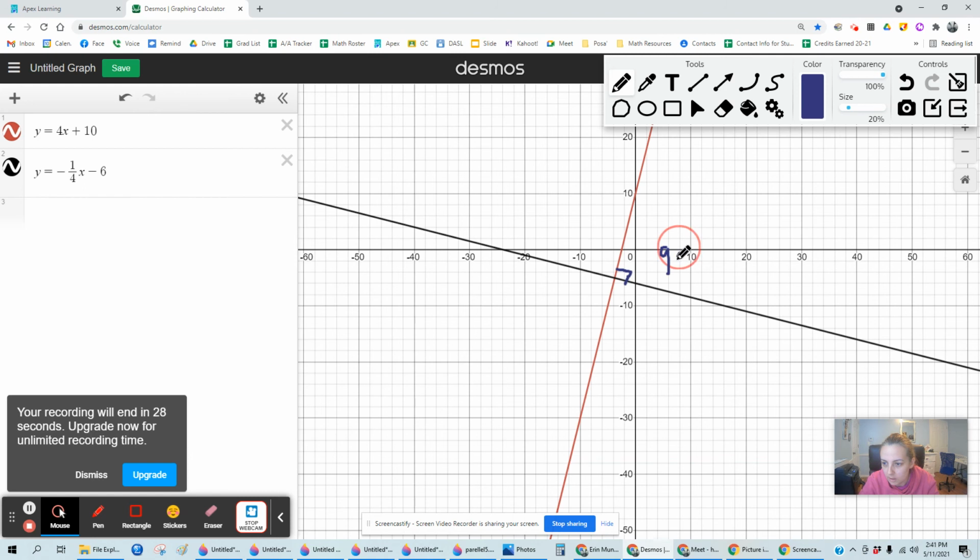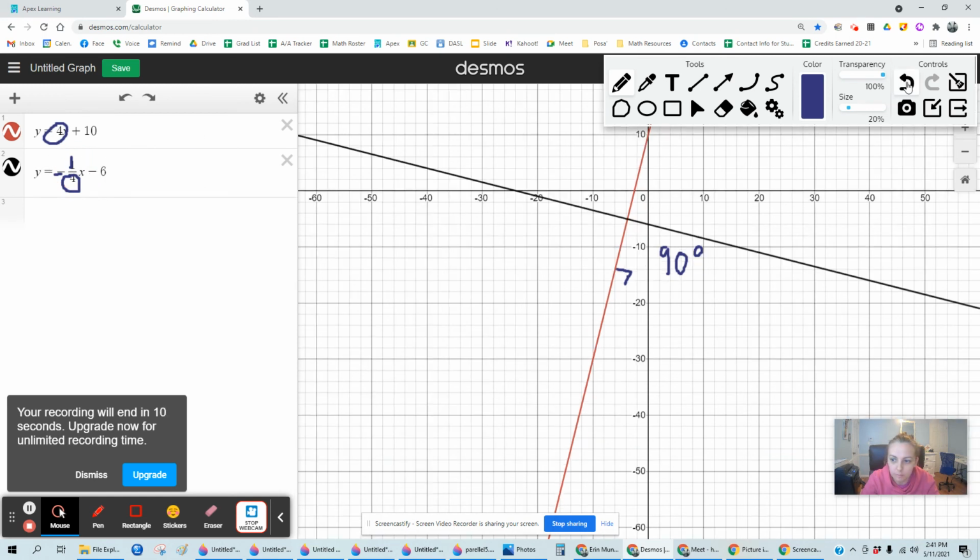That would be like they make a T. So always when we have lines that are perpendicular, like this, that are making a T, one is going to be just a number. So we have 4 over here, and the other is the negative reciprocal of that. You can see the same 4 over here. So we have 4 and 1/4 with a negative in front.